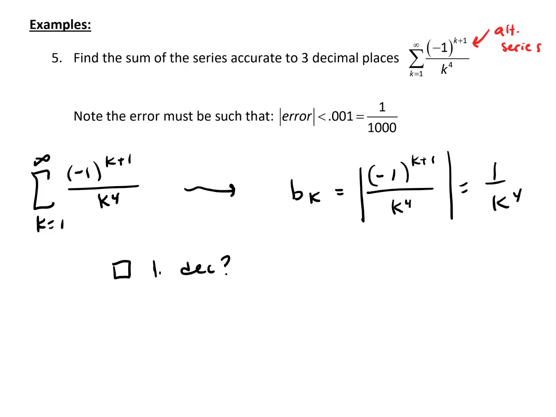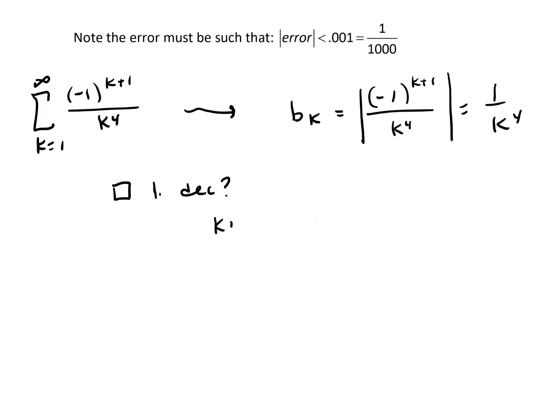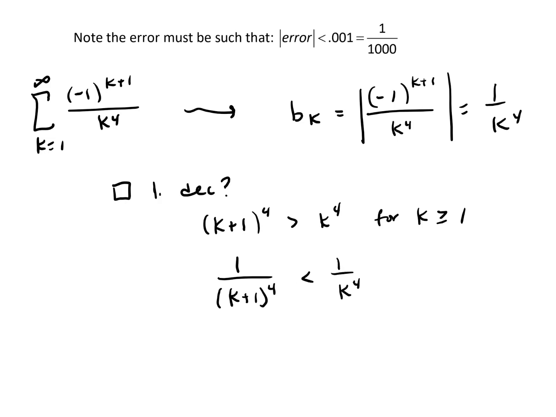Definitely it is. We can show that k plus 1 to the 4th has to be bigger than k to the 4th, which is true for k greater than or equal to 1. And so therefore 1 over k plus 1 to the 4th has to be less than 1 over k to the 4th for k greater than or equal to 1. So it's definitely decreasing.